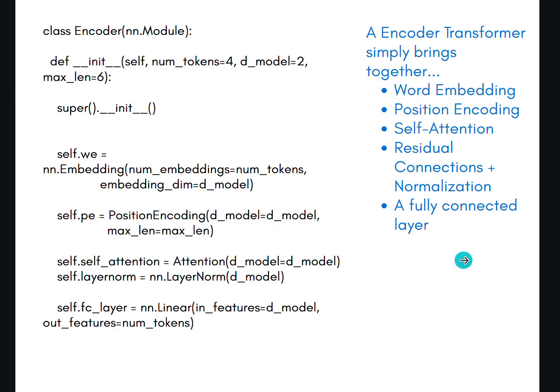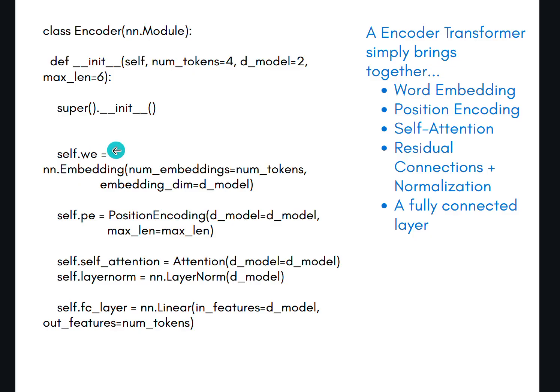So what are we trying to achieve here? We are trying to create an encoder transformer by simply bringing together word embedding, position encoding, self-attention, then residual connection plus normalization and a fully connected layer.